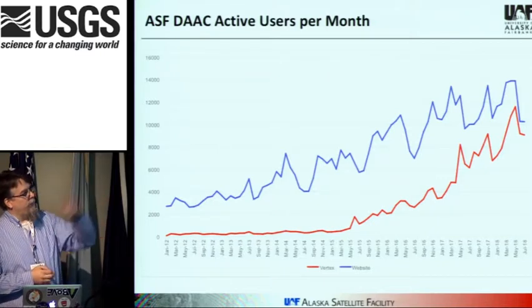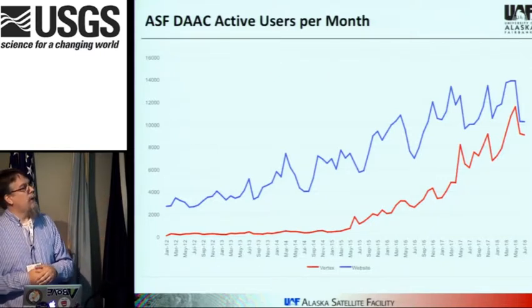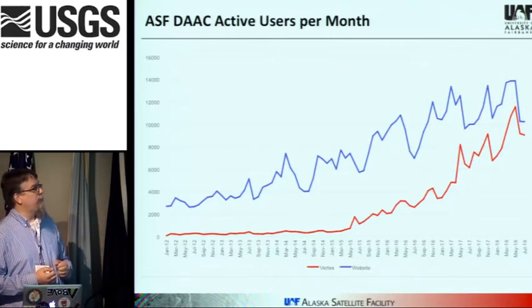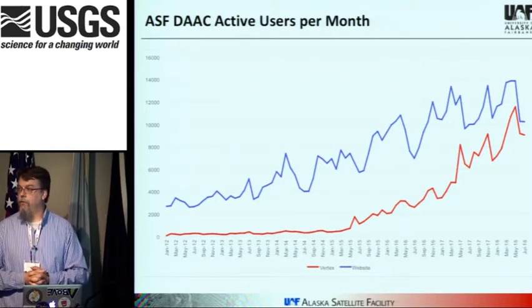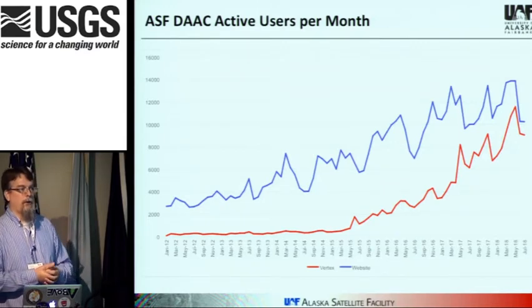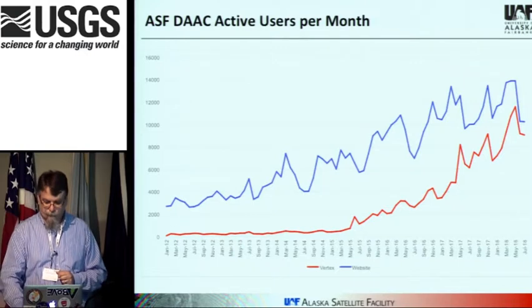And somewhere in there is Sentinel as well, when we started mirroring the Sentinel archive. But you can see we've gone from a few hundred active users perhaps to now having 8,000-10,000 active users per month. And these are people that are downloading data, coming and getting data from us, and hopefully using that data. And we'd like to make it easier for them to use.